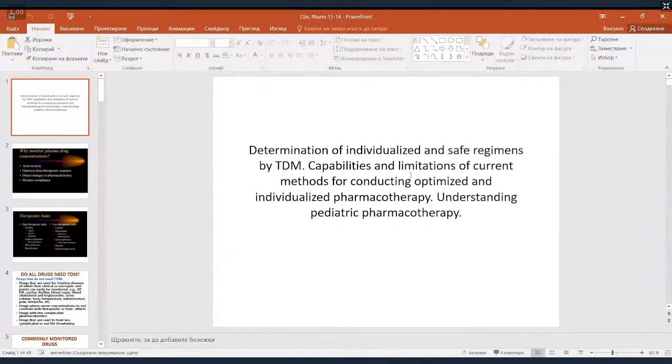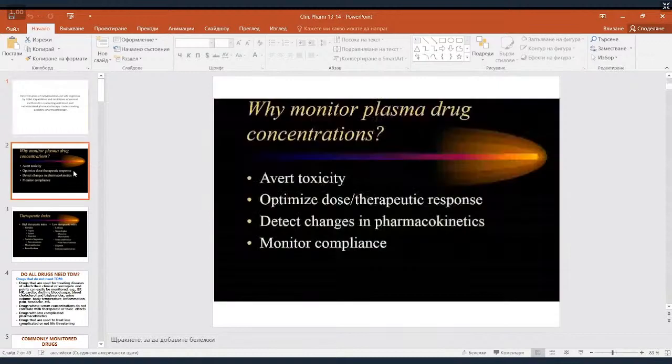Also, we're going to talk about the capabilities and limitations of the current methods of conducting optimized and individualized pharmacotherapy, which is also part of TDM and is closely related to TDM. Then we're going to talk about pediatric pharmacotherapy, and then pharmacotherapy in pregnant and lactating women.